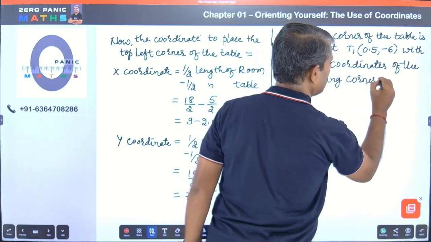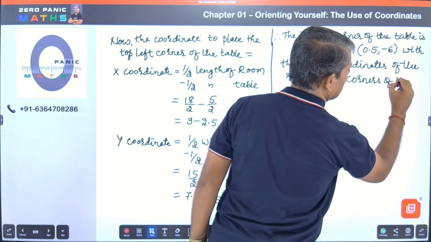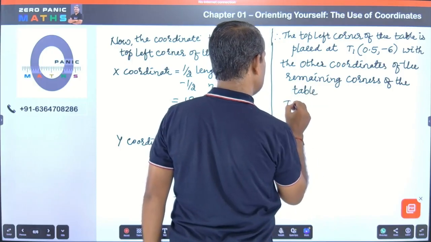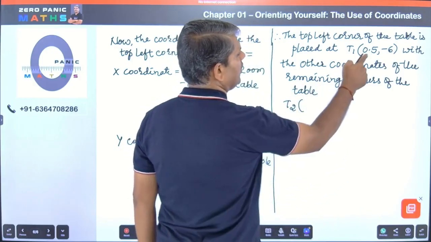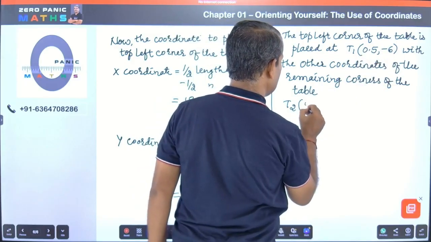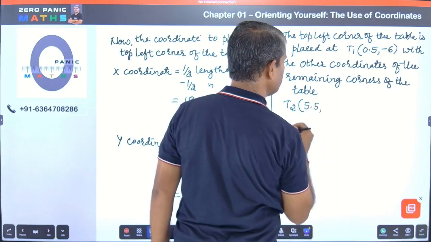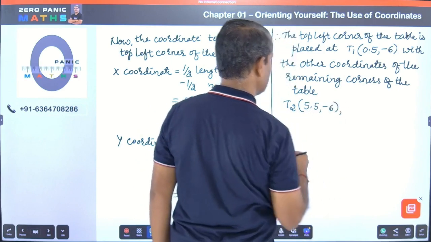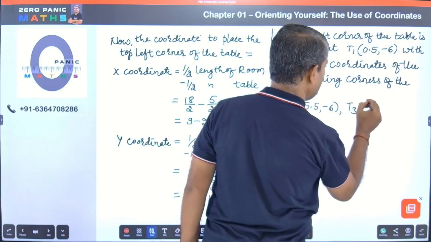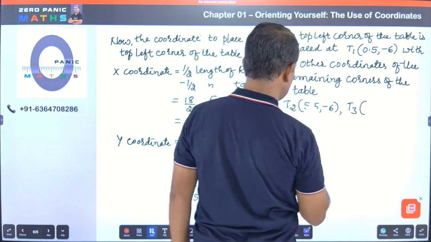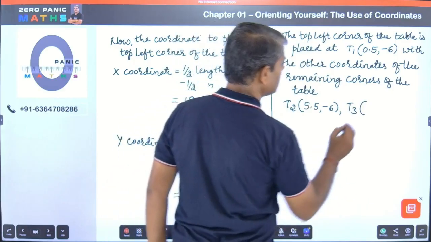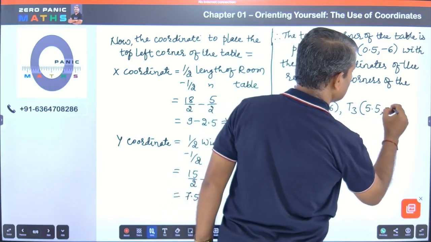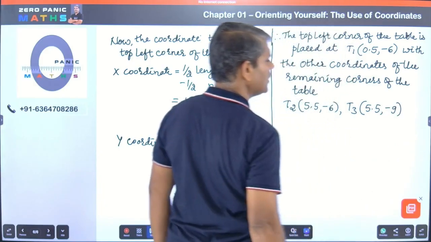T1 is 0.5, and from here if you go to T2, that is 5.5, because 5 feet is the length, and the y coordinate remains minus 6 only. Next is T3, where the x coordinate remains the same, 5.5, and the y coordinate extends 3 feet.